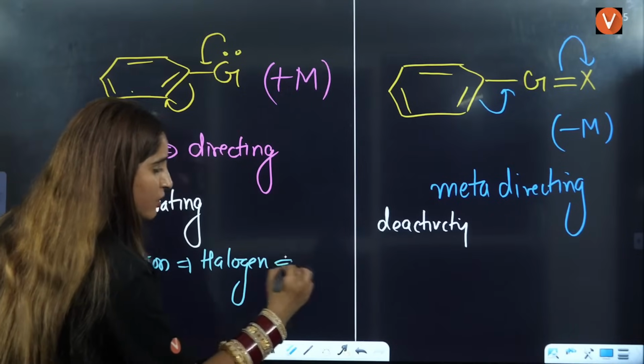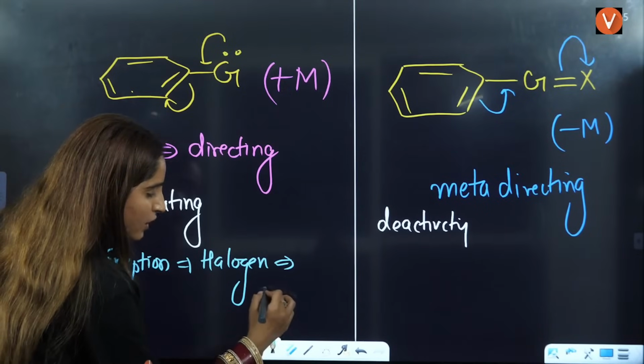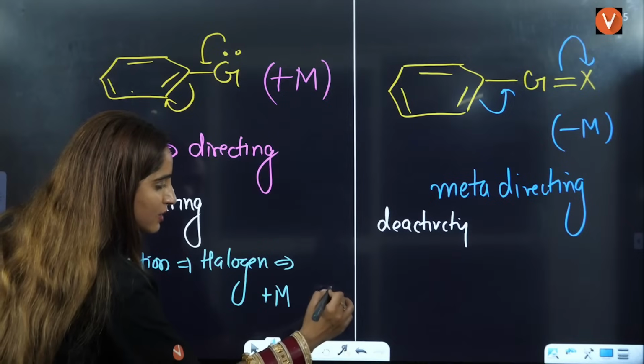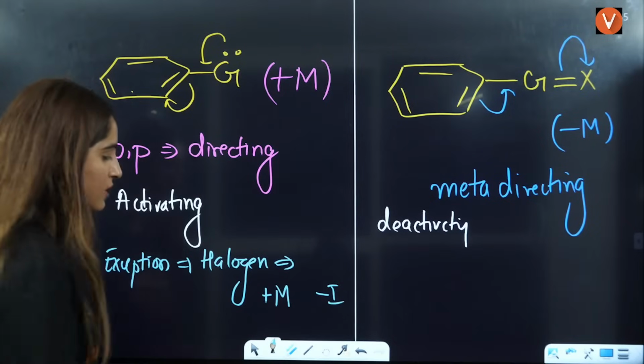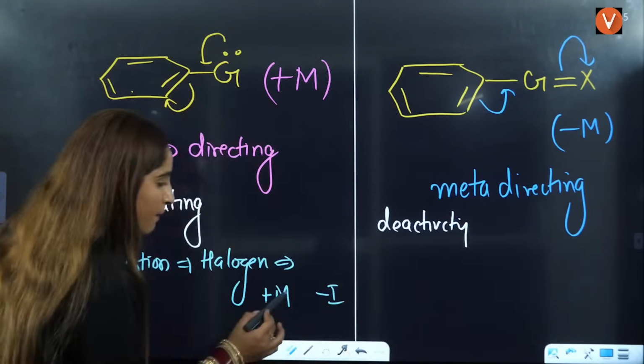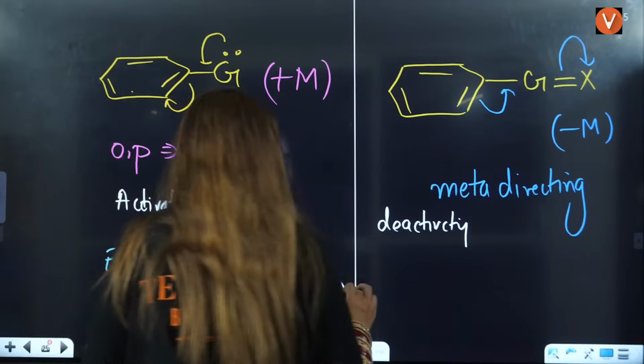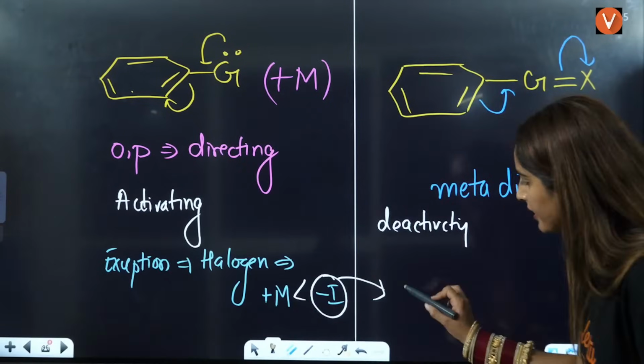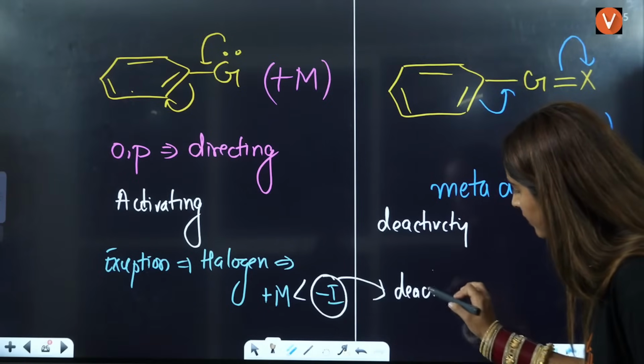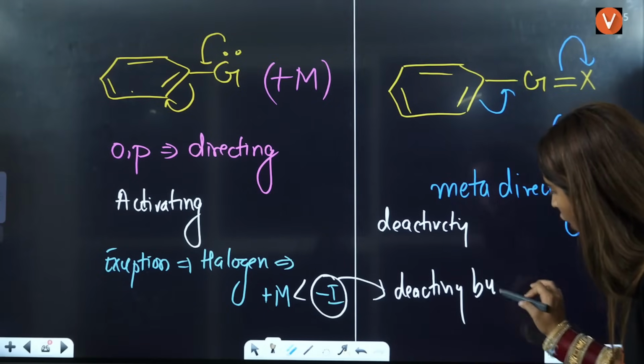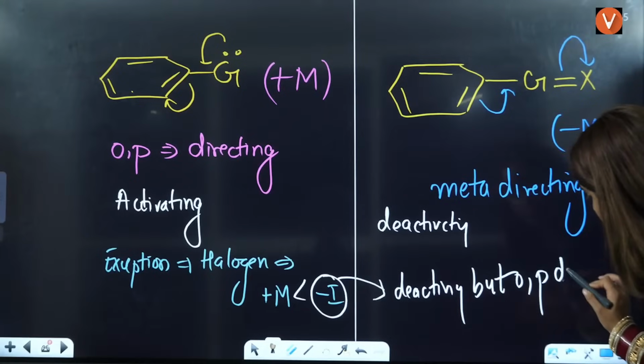Halogen is showing plus M and minus I effect. Here you have plus M, but minus I is more dominating. That is why it is deactivating but ortho-para directing.